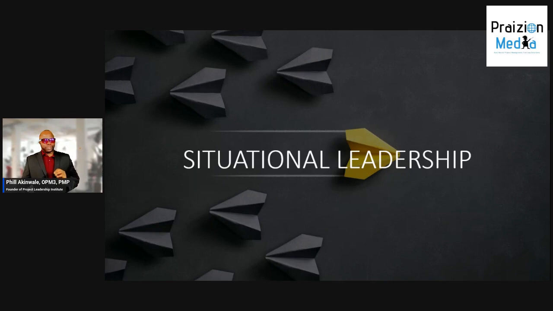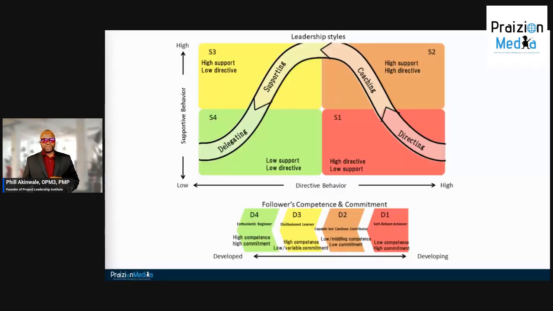Situational leadership is a term coined by Hersey and Blanchard, and their model is called the Situational Leadership Model. I want to talk about this model before we go any further. As a leader, it is very important that you understand people have different ways they think and act and perceive the world around them.